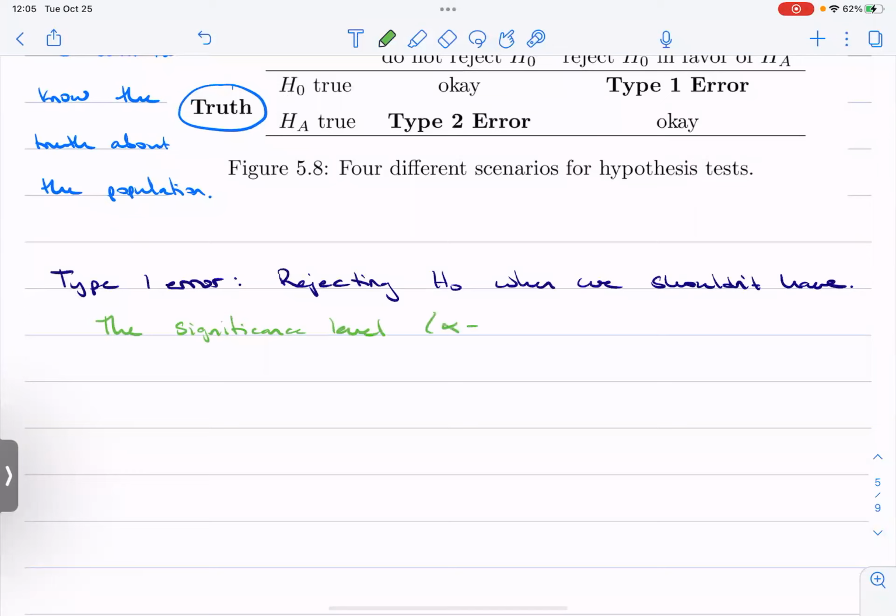And so the significance level, or if you prefer, you can call it the alpha level, is a predetermined probability of making a type 1 error.